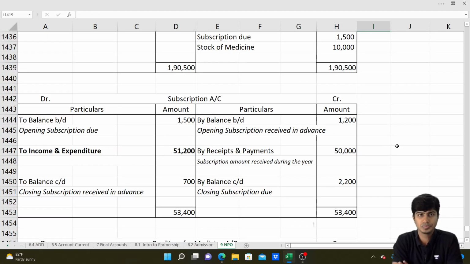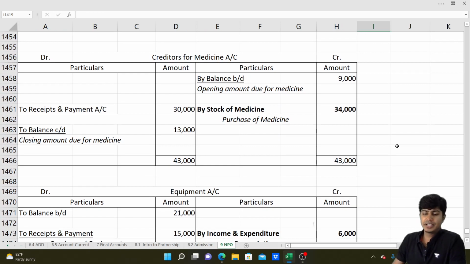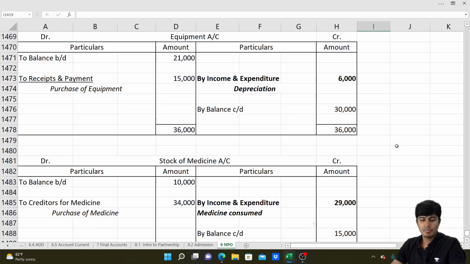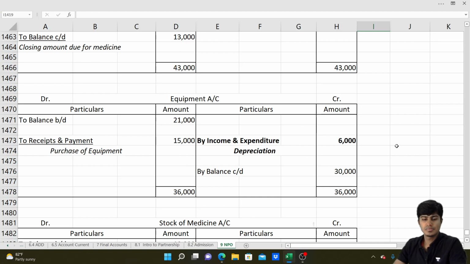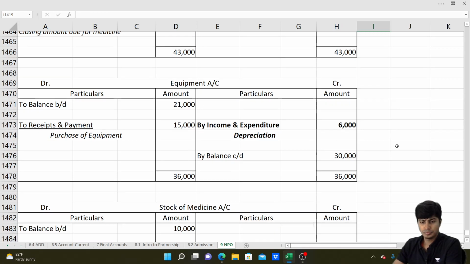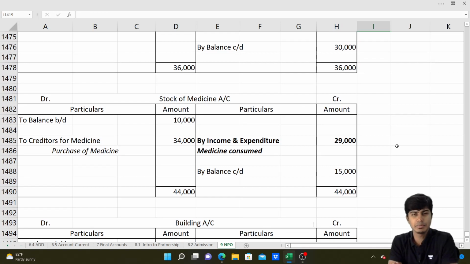Subscription account, creditors for medicine account, equipment account, then we have stock of medicine, and lastly building account.